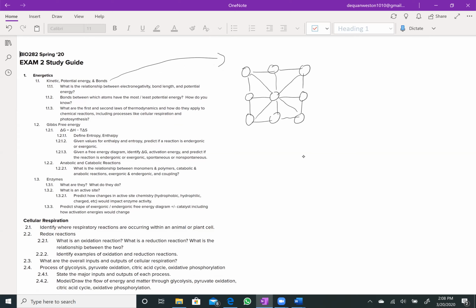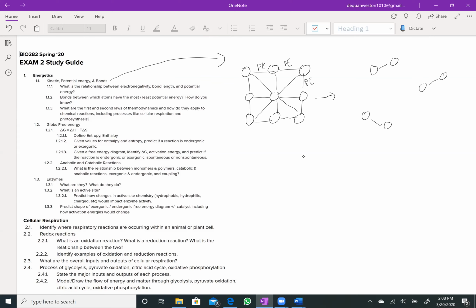Okay, so there's a whole lot of bonds going on here, and each of these bonds has some potential energy. And that makes us very stable. But if this thing starts getting broken up, the disorder increased a ton.